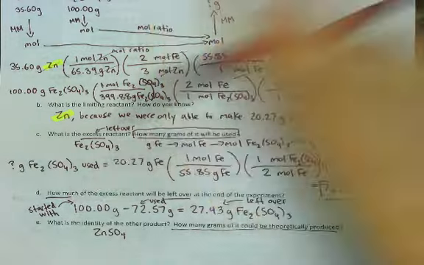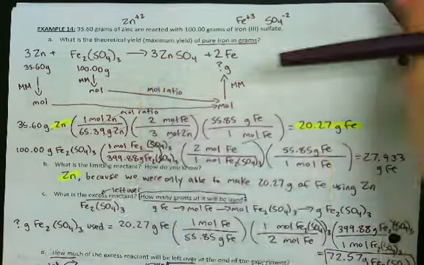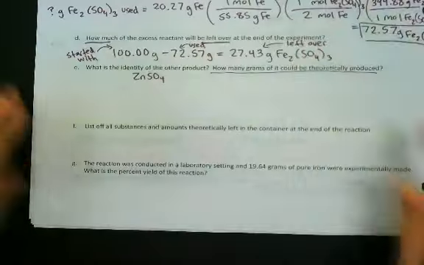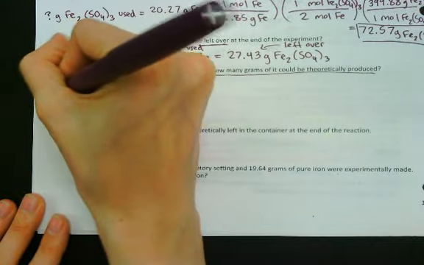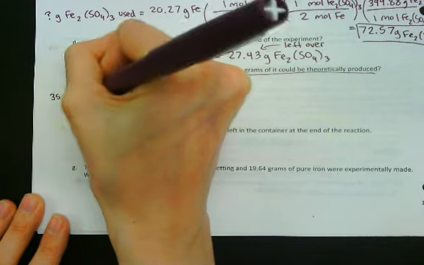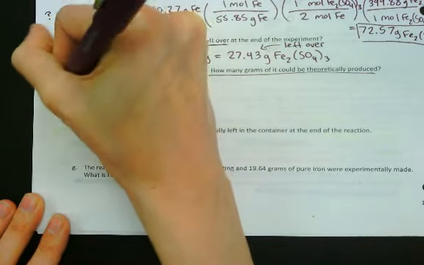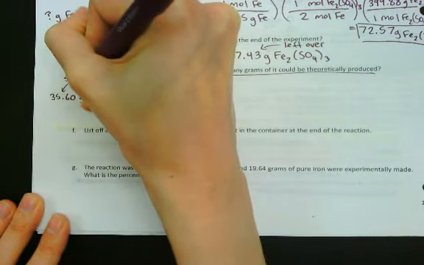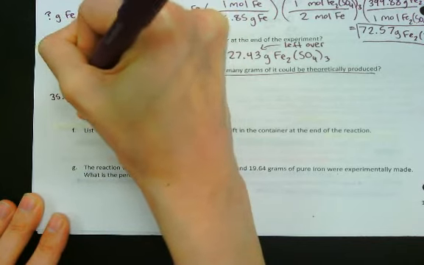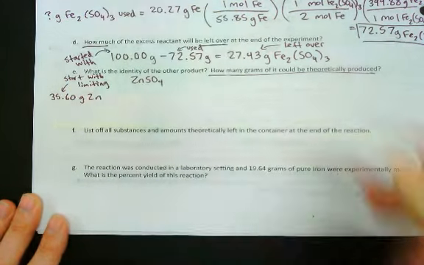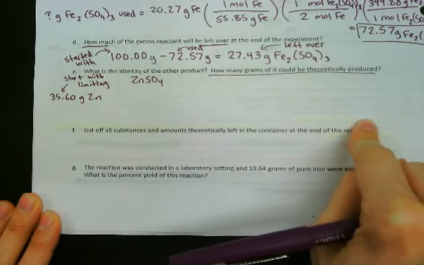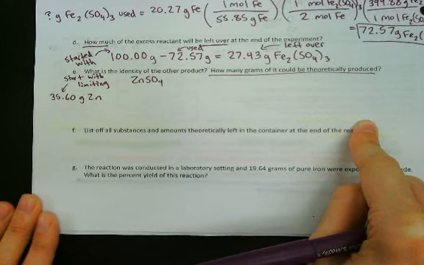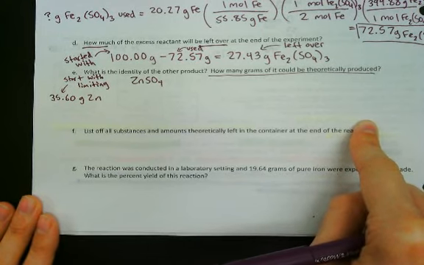So if we want to figure out how much zinc sulfate we can make, we can simply get our limiting reactant, our 35.60 grams of zinc. We're going to start with the limiting. If you start with your limiting reactant, you can set up dimensional analysis to solve for your amount of your other product.